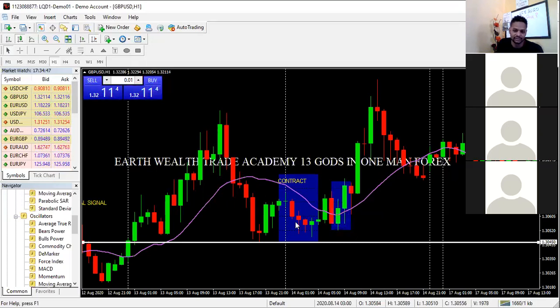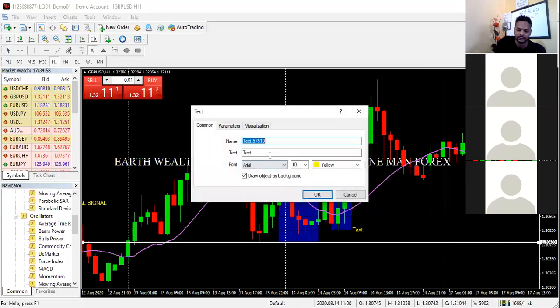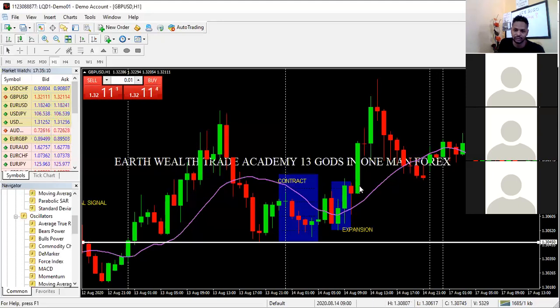That's why these candles are smaller than these ones. And all this is the market affecting something called price. Price is playing out right there, right now. And this is known as expansion. That's expansion, and then it goes into a trend.